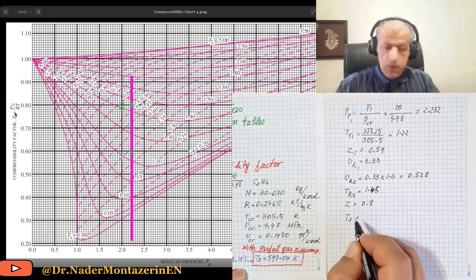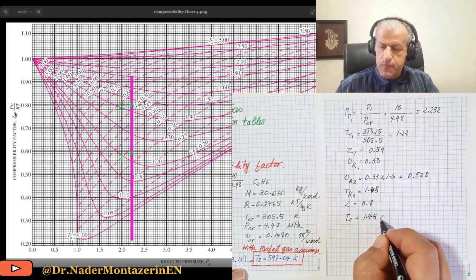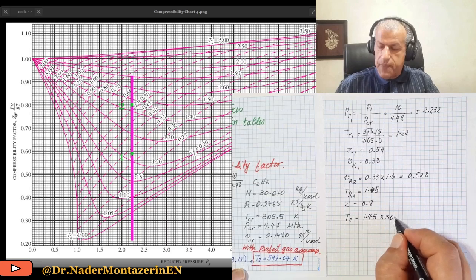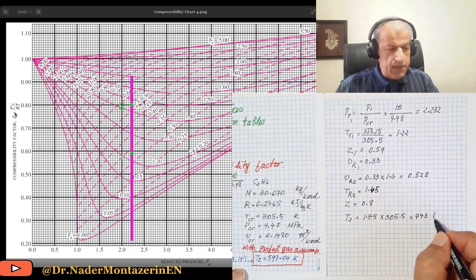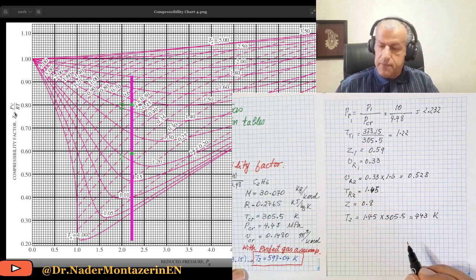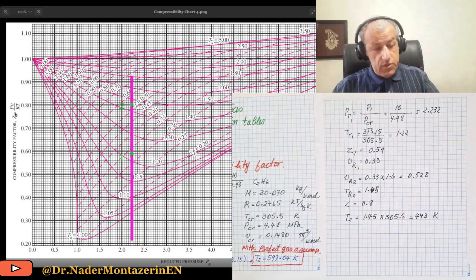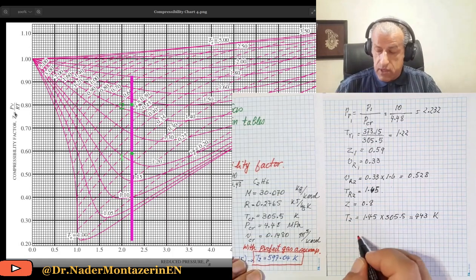So, with the knowledge of TR2, it would be very simple to calculate T2. T2 would be 1.45 times the critical temperature, which is 305.5, and that equals 443 Kelvin. Remember the ideal gas assumption, and I will put it in red to show that it is not the correct value, just to compare.